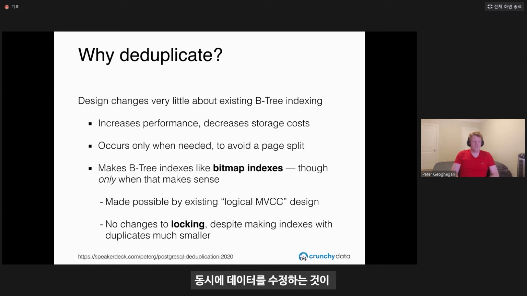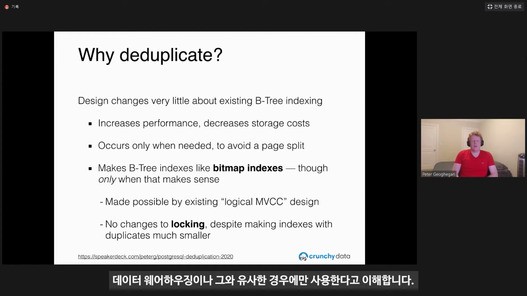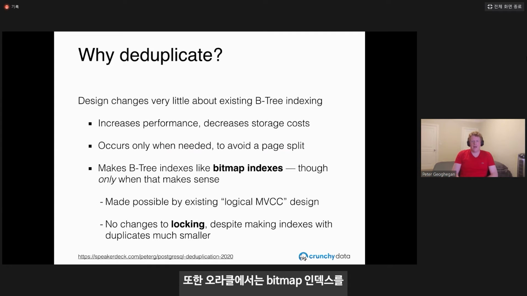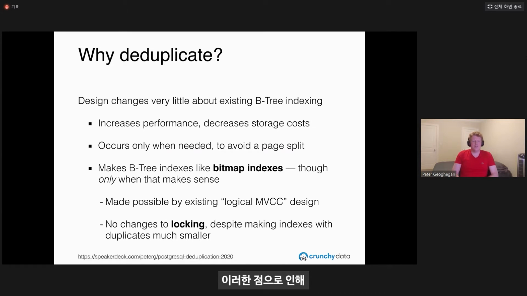So it becomes impractical to concurrently modify data, to the extent that it is simply not possible, really. So people understand with Oracle that you simply use bitmap indexes for data warehousing and things like that, and that's what they're good for. And it's not possible with the bitmap index to use it with a mixed workload. Whereas this design is notable because it has many of the same advantages, but also doesn't have the disadvantages that we see in Oracle. So it is, in some sense, the best of both worlds.